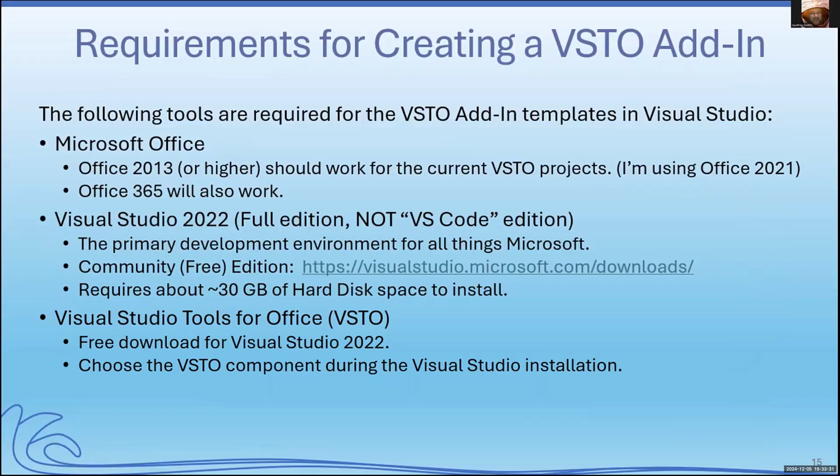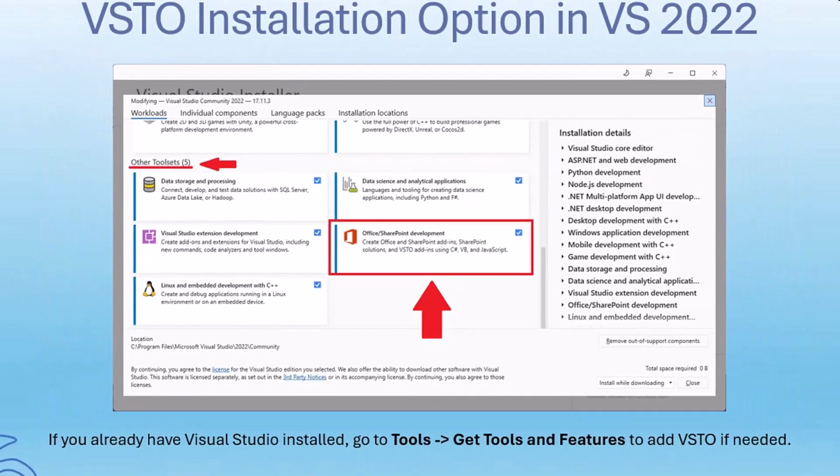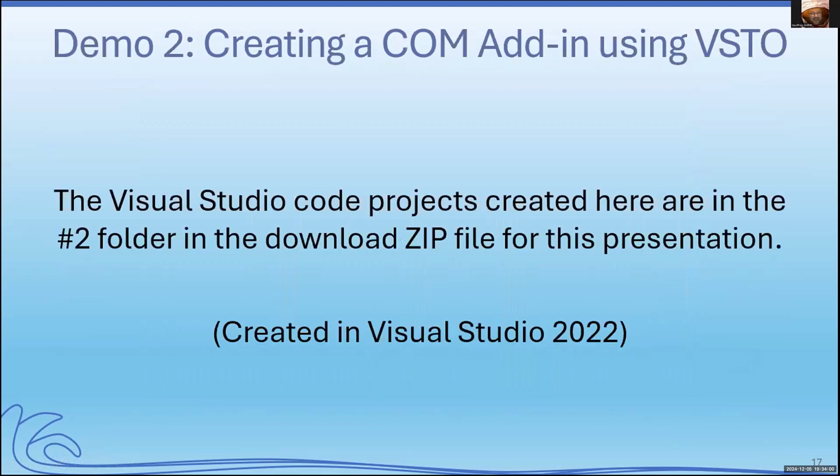And even if you don't choose it during installation, you can actually go into Visual Studio 2022 and go to the Tools menu and get Tools and Features option, and you can choose under the other tool sets, Office SharePoint development and just check that, and then you can install it and you'll get all the VSTO tools basically. So that's really easy and handy and cheap because it's free. So that's the greatest part right there.